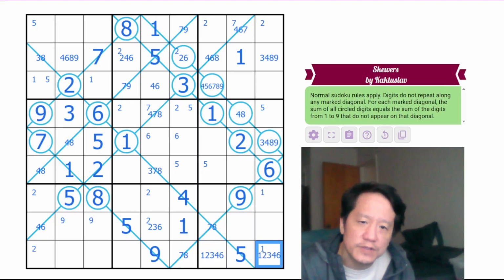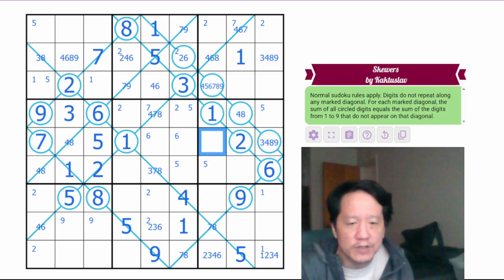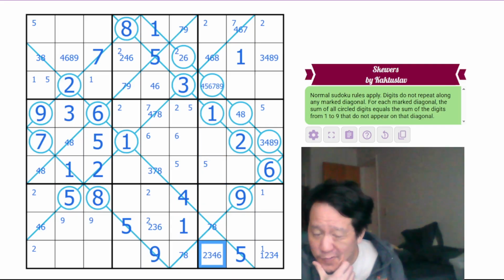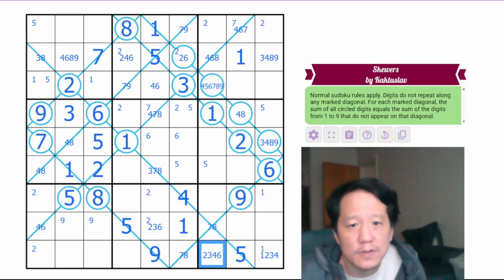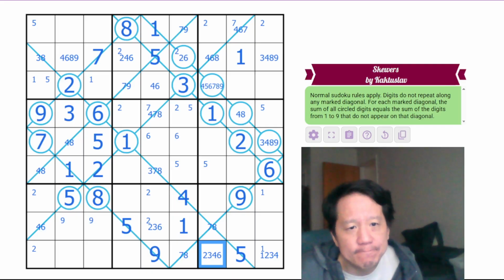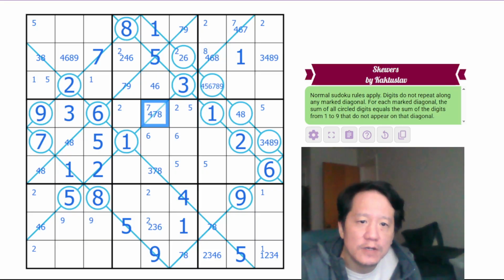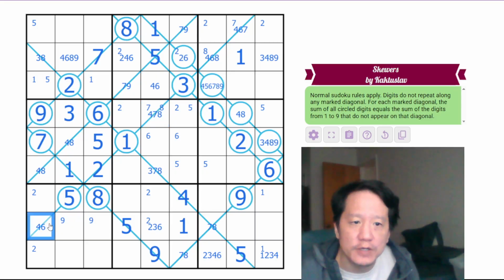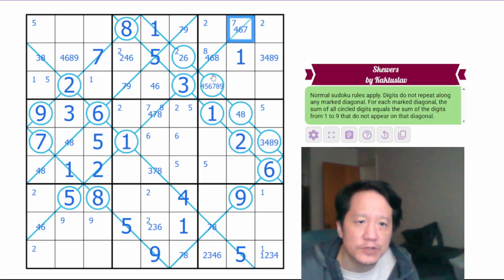No 6 here because of 6 in the column. No 1 here because of 1 in the column. We know 8 has to be one of these 2. 6, unfortunately, could be here, here, or here, so that's pretty broad.